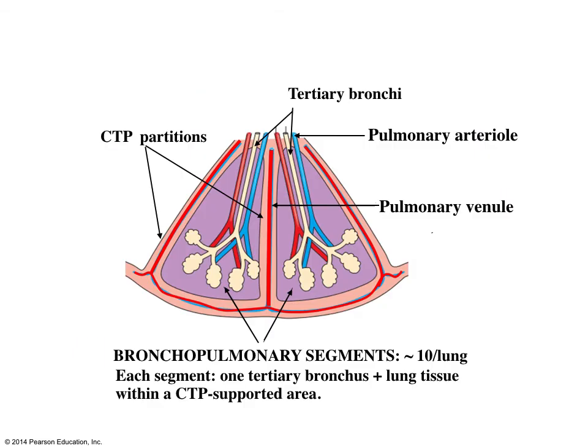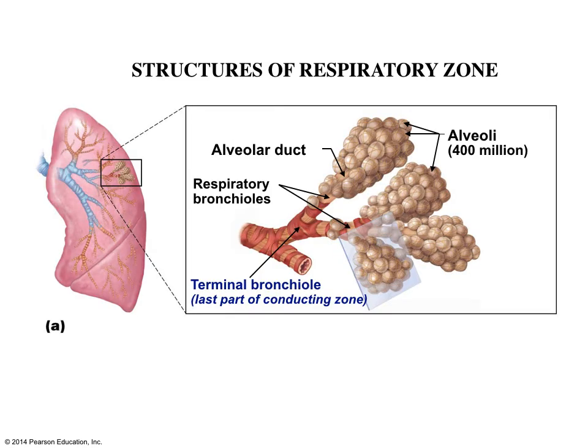Tertiary bronchi form bronchopulmonary segments, about 10 per lung. Each is one tertiary bronchus plus the supplied lung tissue, all enclosed in a CTP partition.